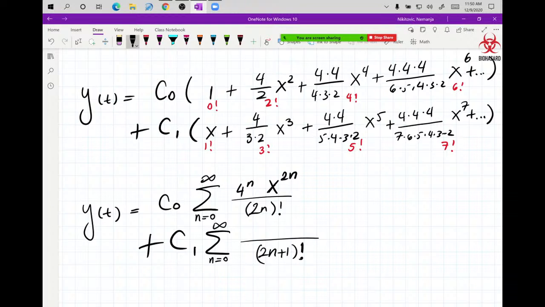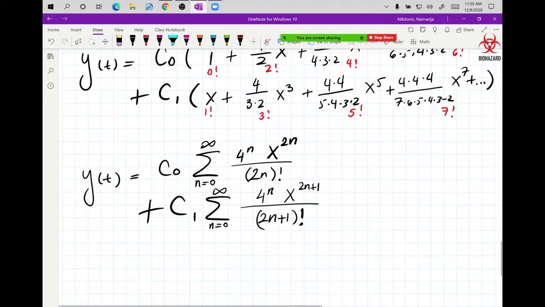Now, we have the exponents, again, 2n plus 1, because they're also 1, 3, and so on. So all we need to do is now figure out these 4s. So if we just put 4 to the n, then the first term is 0, which is 1. The second term is, well, yeah, 4 to the n. Good. All right.